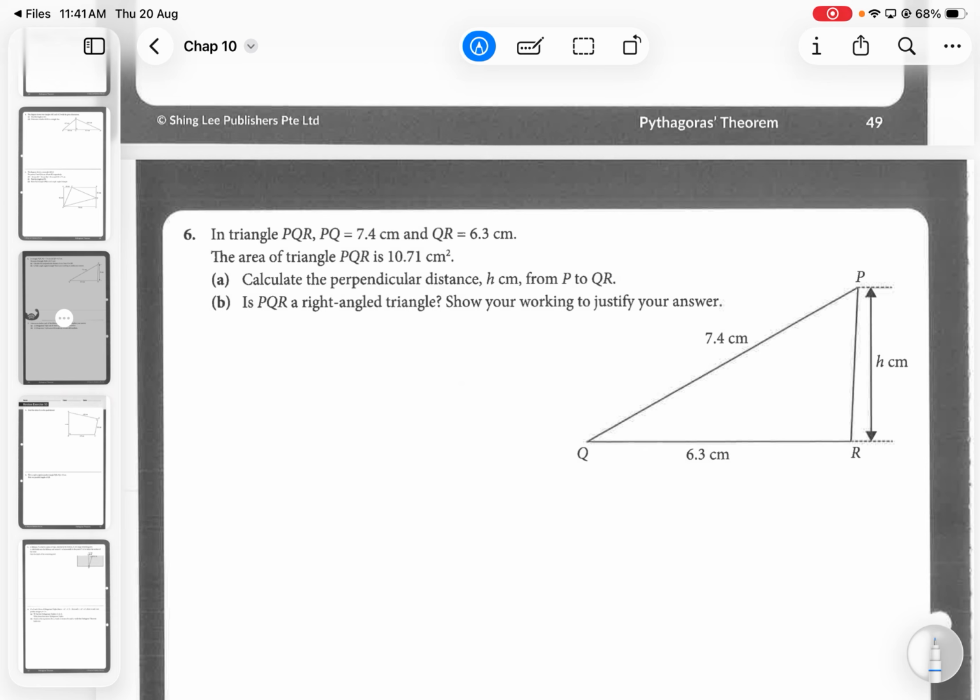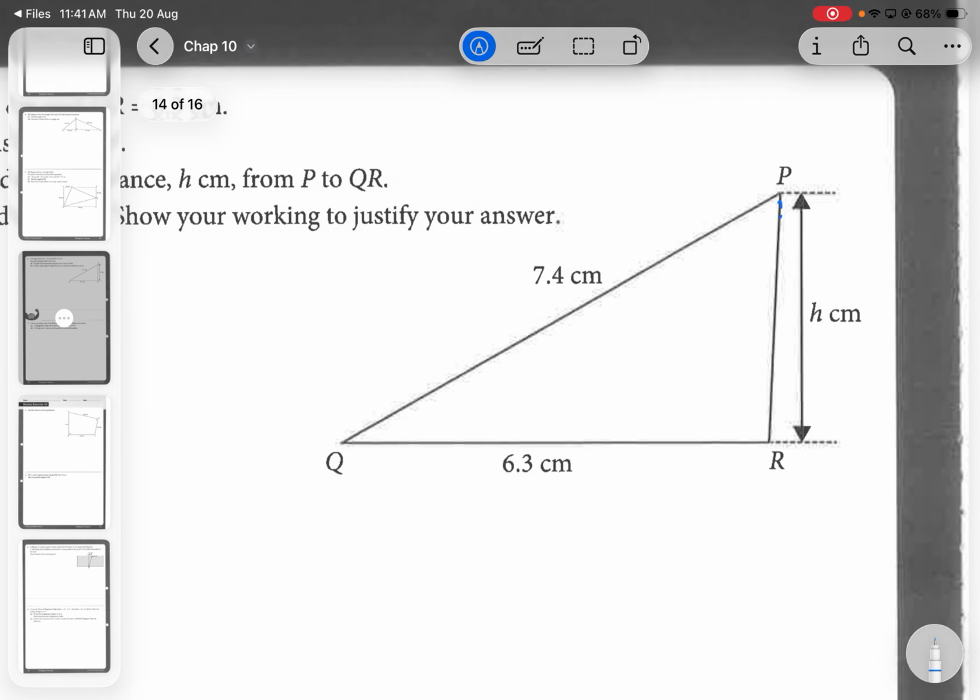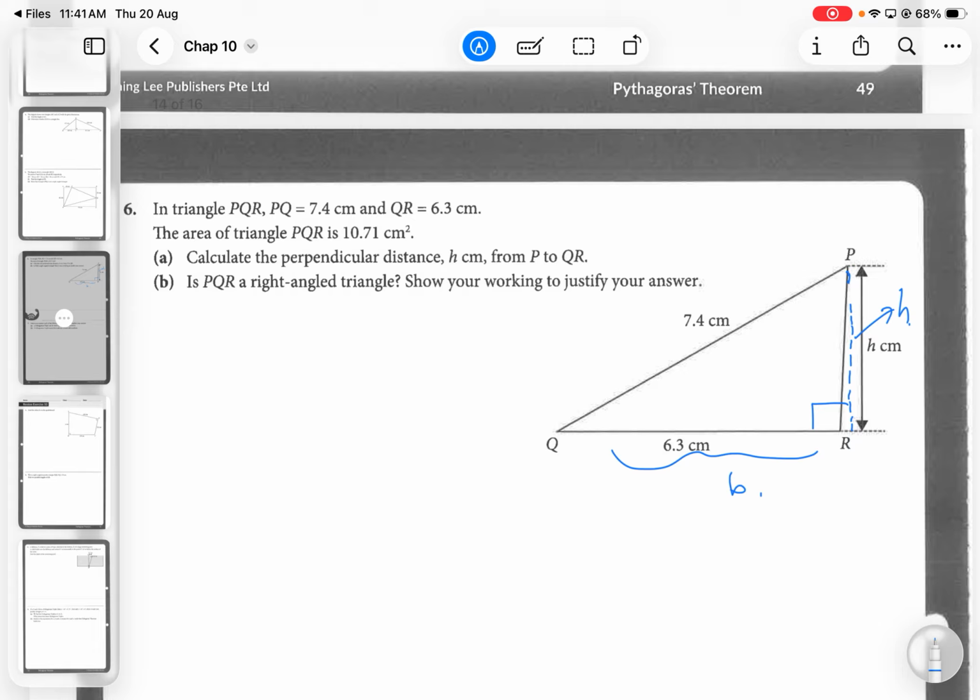If I draw a line that is 90 degrees, I call this blue line H, the distance H. I don't know whether it is PR or not. But I know half times base times height will give me my area. Like that, I can find the distance H.